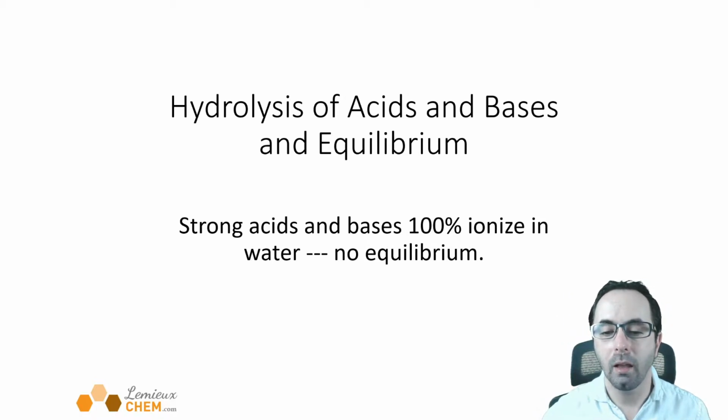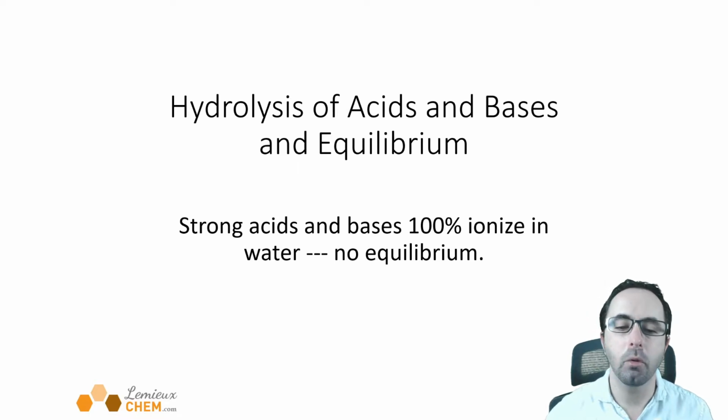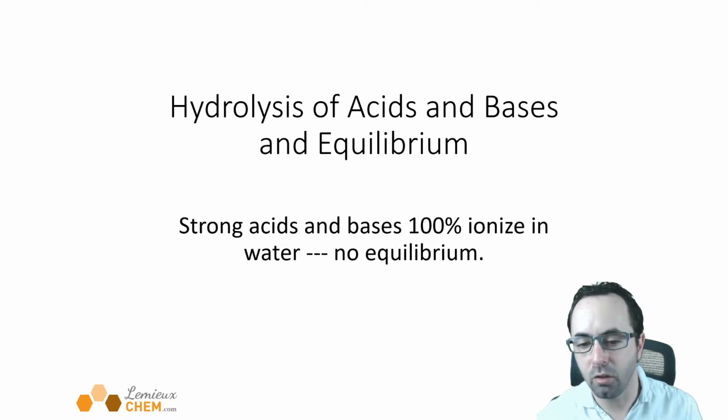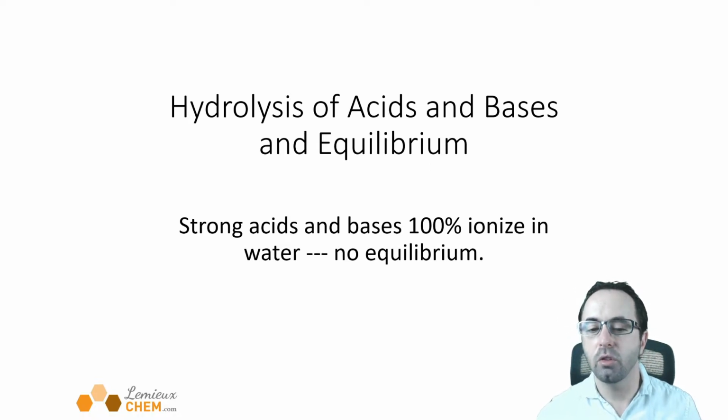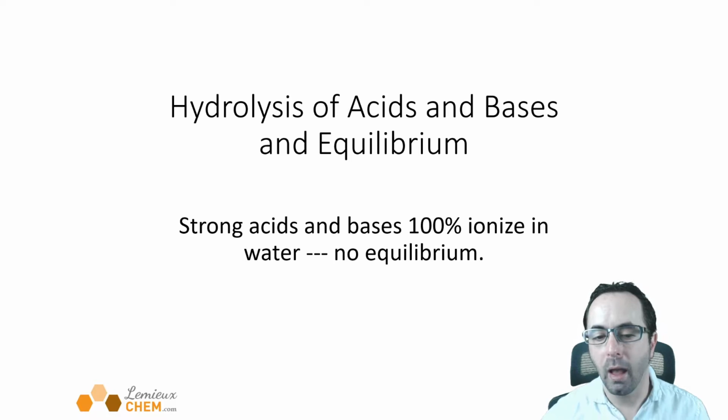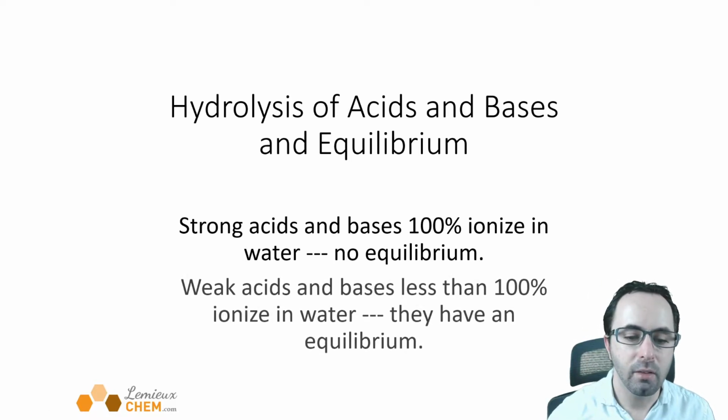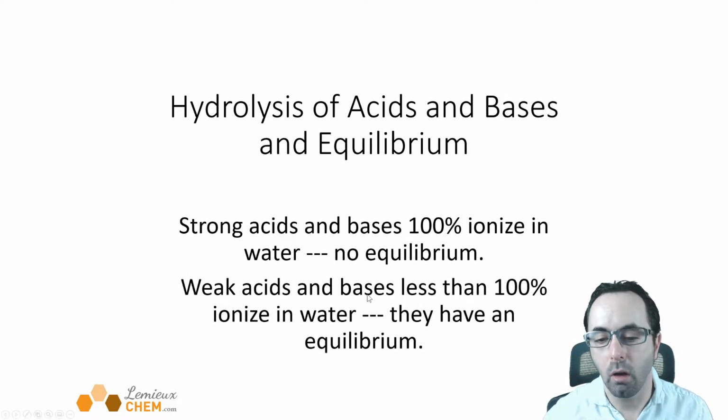These are acids and bases that completely separate into ions with none of the ions staying attached to one another. So we say there's no equilibrium for these strong acids or bases, whereas other acids and bases, which we're going to call weak, do not completely separate into ions. Some of their ions stay stuck together.